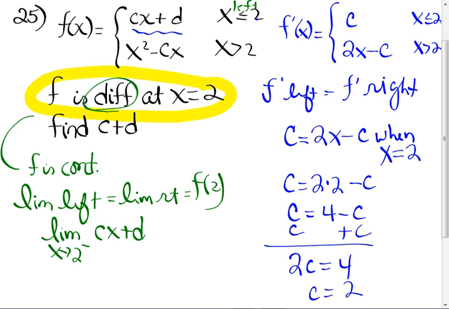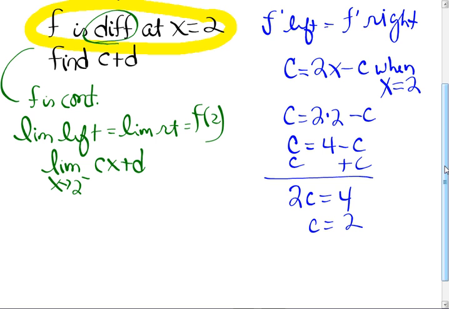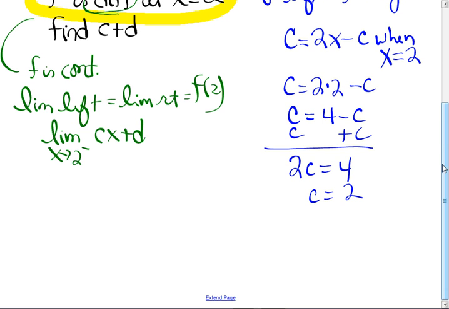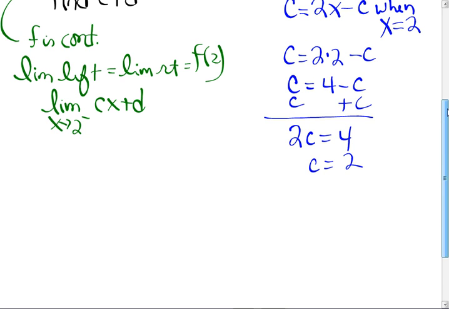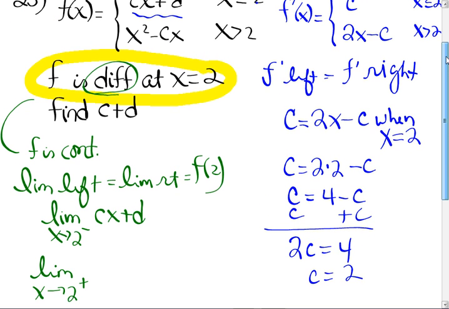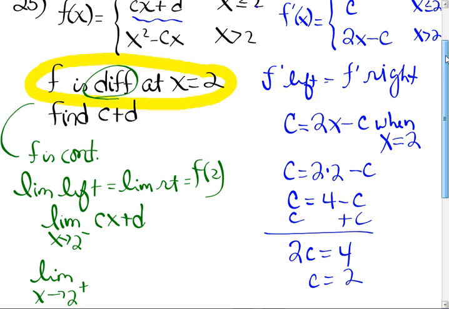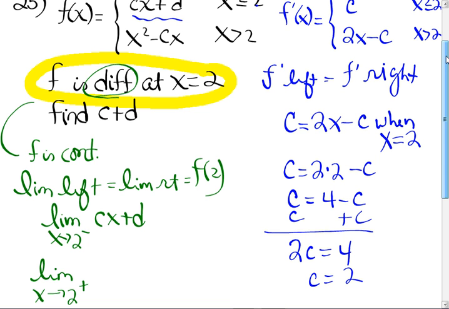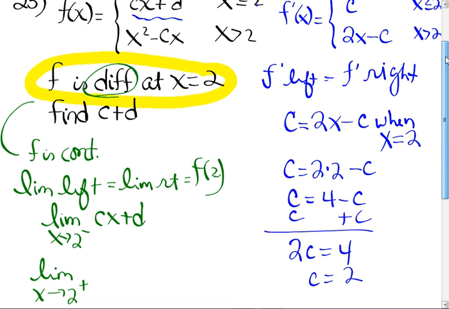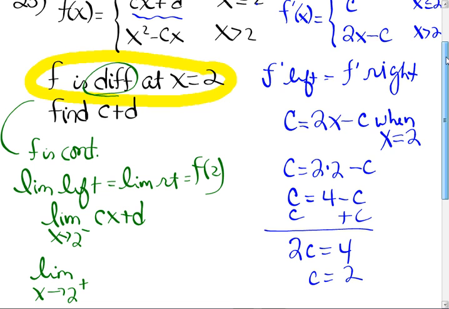And what's the limit from the right? I'm going to have to slide my board. Hang on. You guys should be doing it with me, not just watching. Which formula do I use from the right? I'm listening to make sure I'm checking for understanding. x squared minus cx.